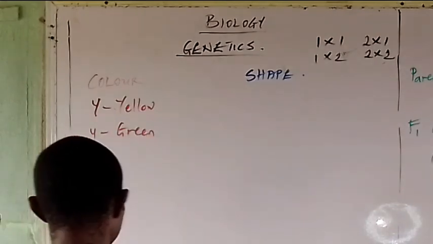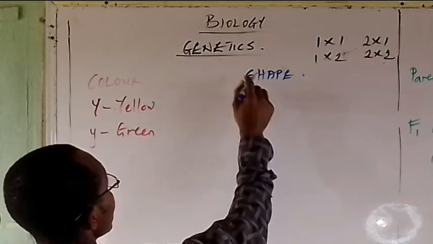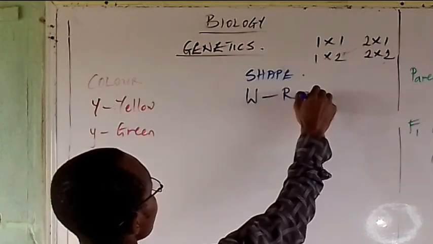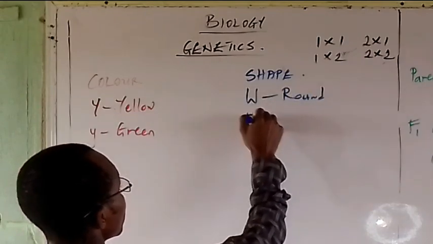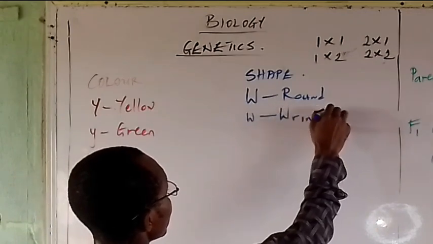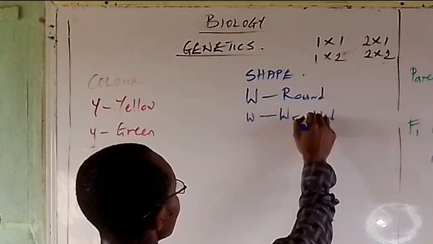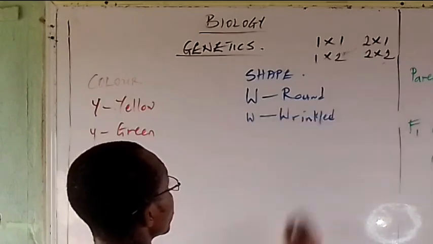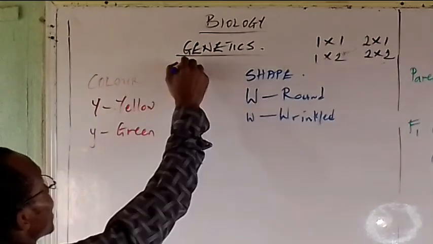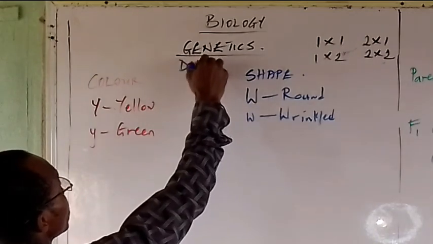And then for shape, I'll be using capital W as round and small w as wrinkled. So that is what we'll be using for our dihybrid cross. I said this is dihybrid.